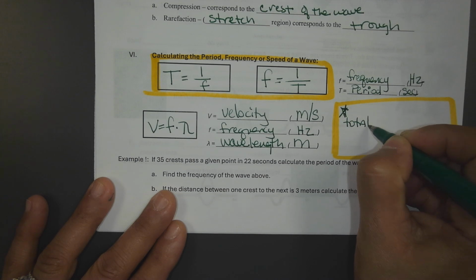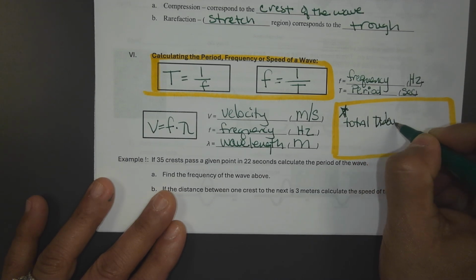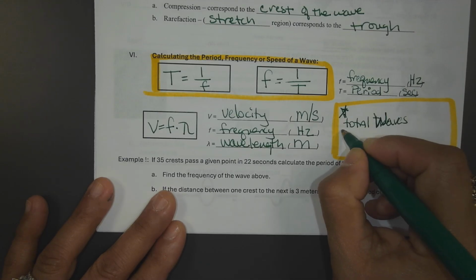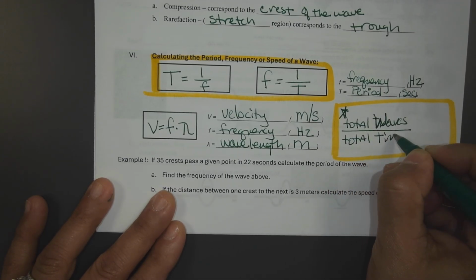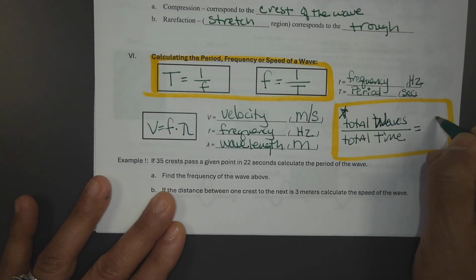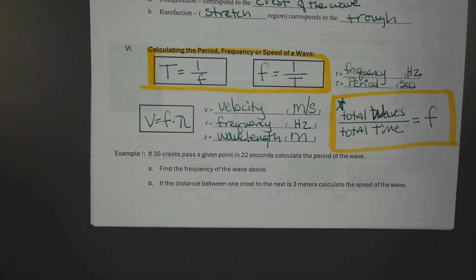Total waves over total time equals frequency. All righty. So the waves over the time is also another way to calculate frequency.